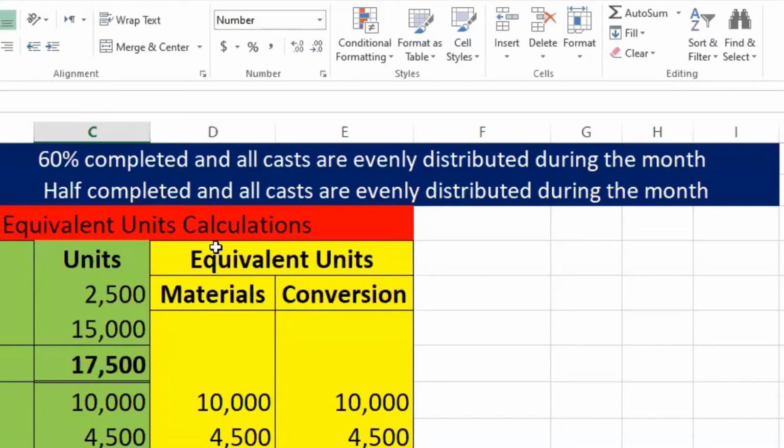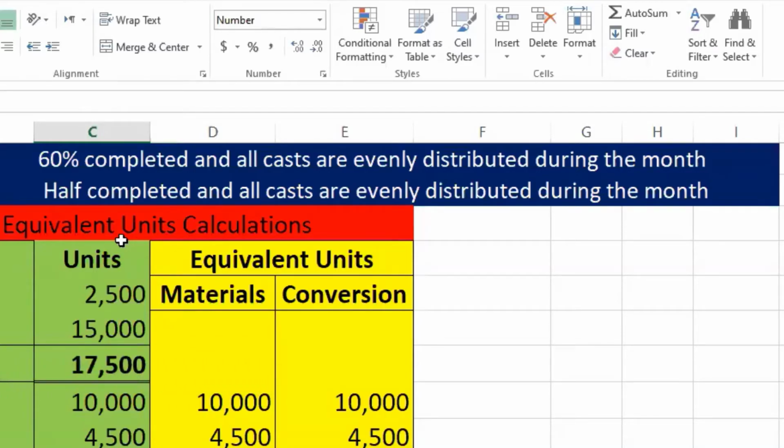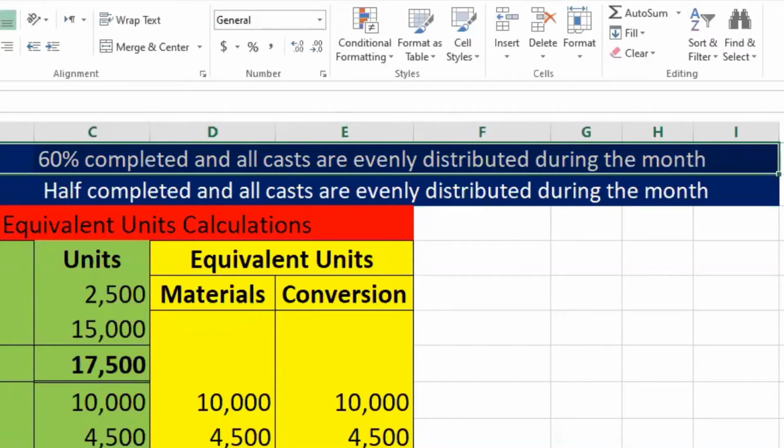So we will have this figure, and here we have beginning inventory. Because we are using the weighted average method, we do not segregate the beginning units from the completed units, so we will ignore this figure, and it will not be used in the calculation of equivalent units.